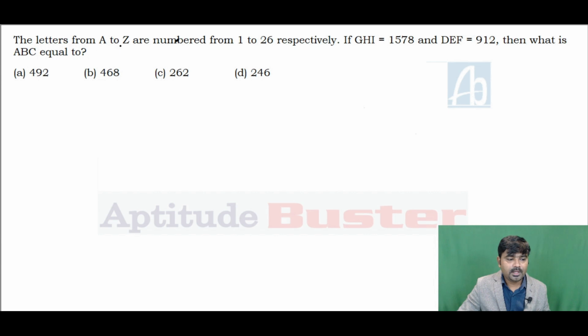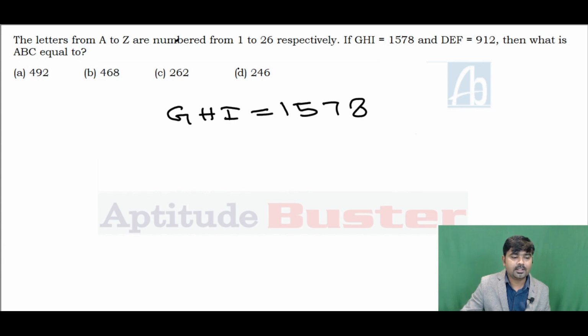The letters from A to Z are numbered from 1 to 26 respectively. If GHI is equal to 1578 and DEF is equal to 912, then what's the value of ABC? Listen here, GHI is equal to 1578. It's given the hint also. The numbers from 1 to 26.